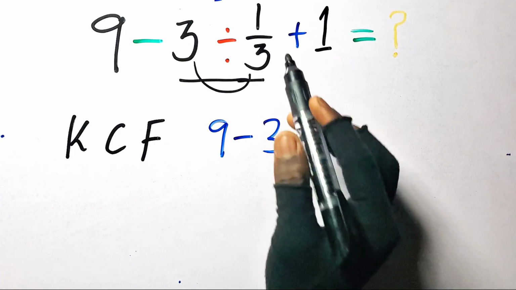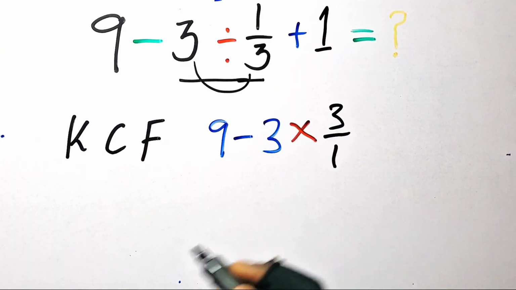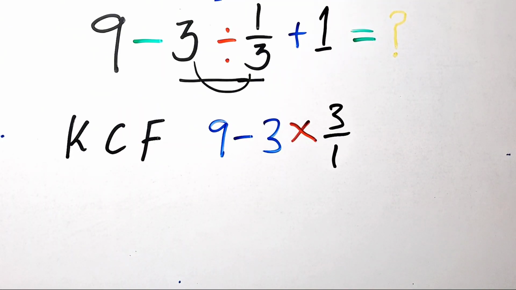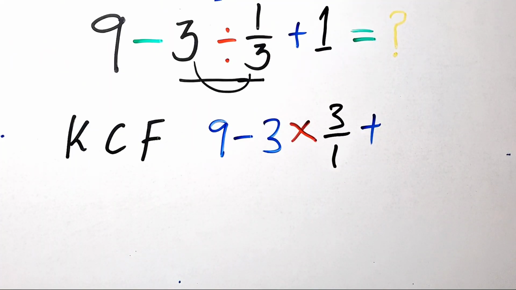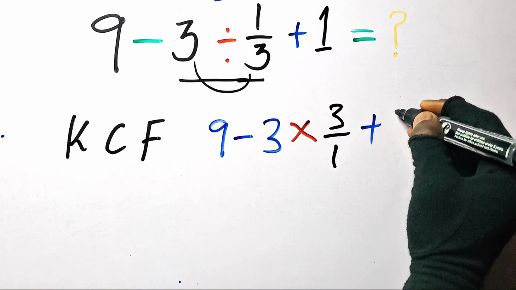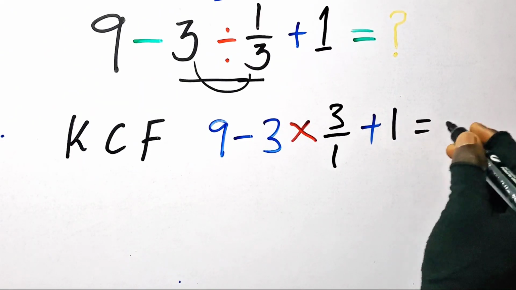Therefore, 1 over 3 becomes 3 over 1, which is actually 3. Okay? Now, plus 1. Okay? Therefore, equal to.